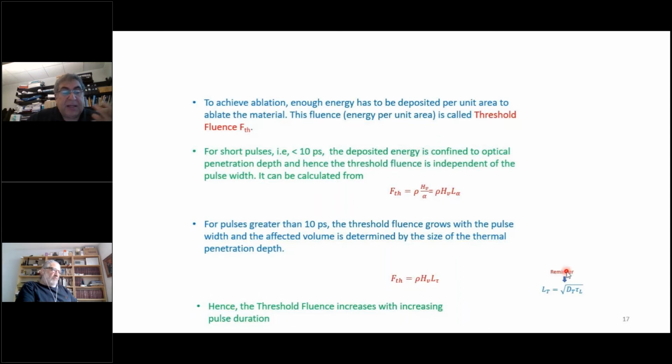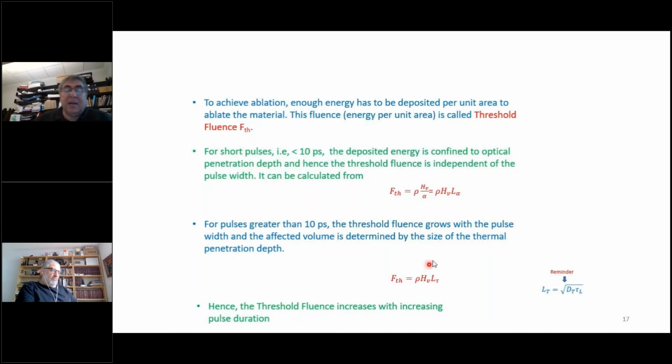FTH. That is the energy that needs to be deposited per unit area to ablate the material. So when the pulse width is less than 10 picoseconds, the threshold fluence is just a product of the density, the heat of vaporization, and the optical penetration depth, and is completely independent of any of the laser parameters.